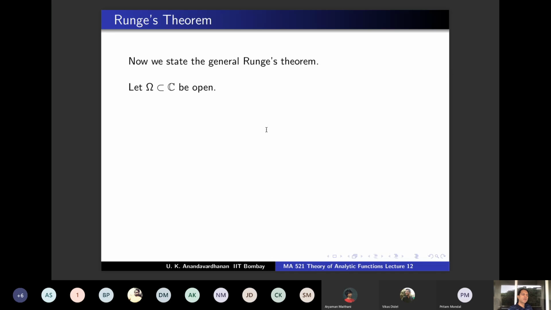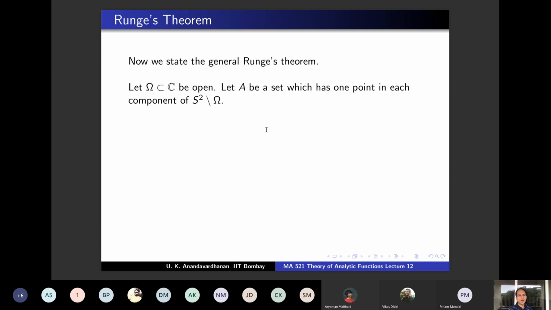Okay, so let omega contained in C be an open set, and let A be a set which has one point in each component of S2 minus omega. Okay, so now you don't have a compact set and an omega containing that, you have only an open set, and you are looking at the complement of omega in the extended plane, and you are looking at its components, and the set A has to meet each component.